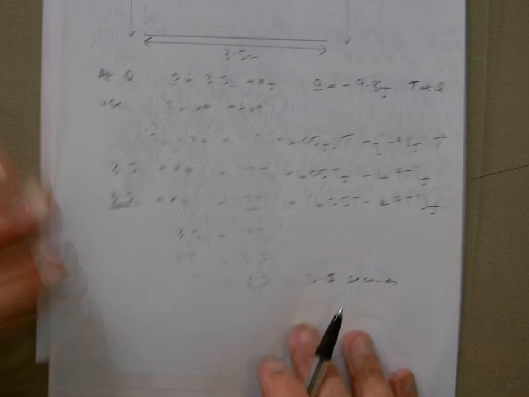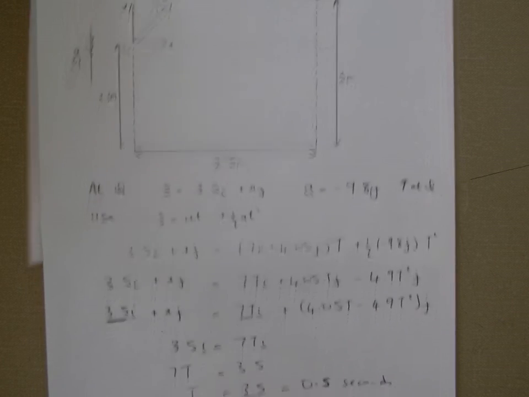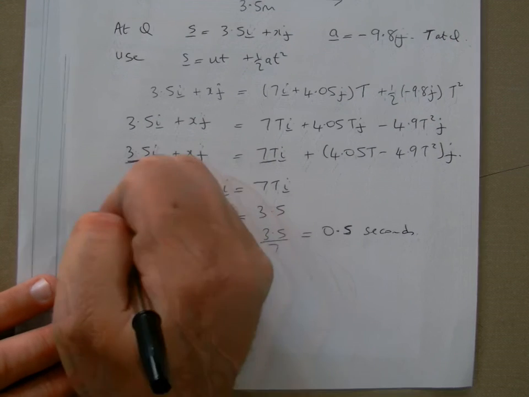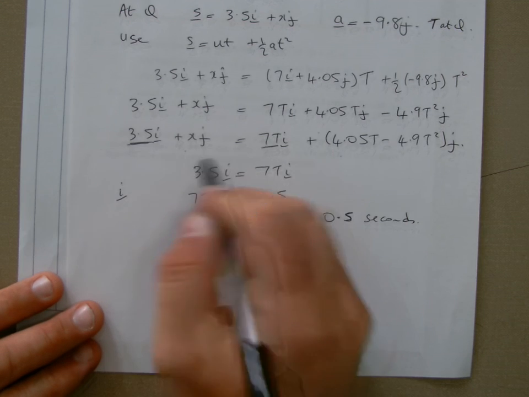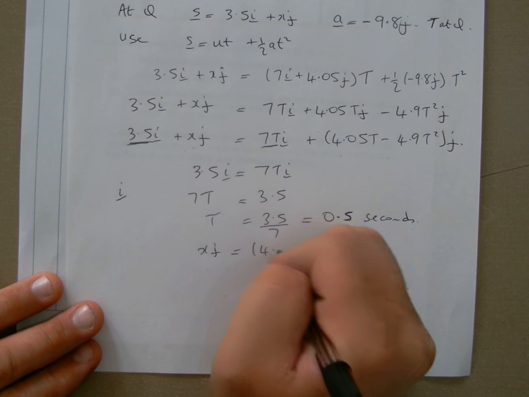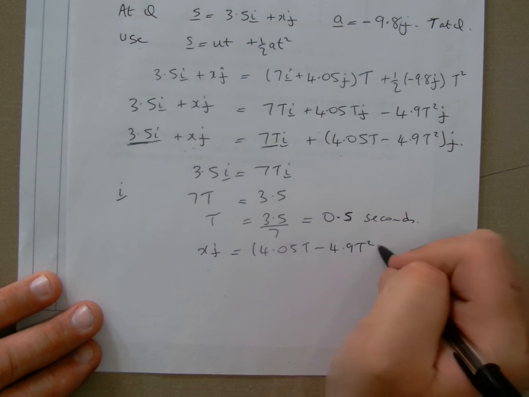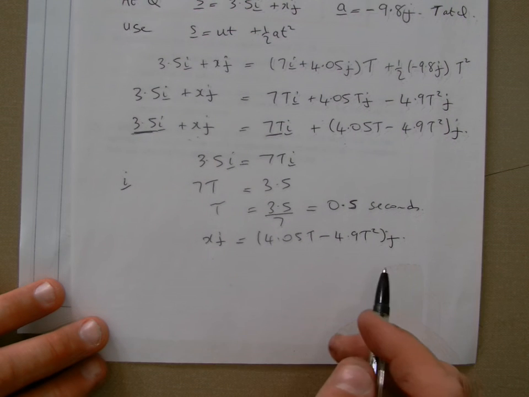And then in part 2, it asks to show that x is 0.8. Well, you can match these up. We matched up the i's, so with the j's, I've got xj equals 4.05t minus 4.9t squared j. So I can match them up.